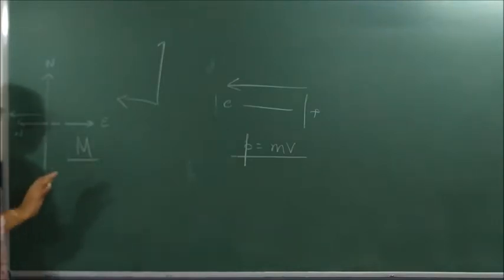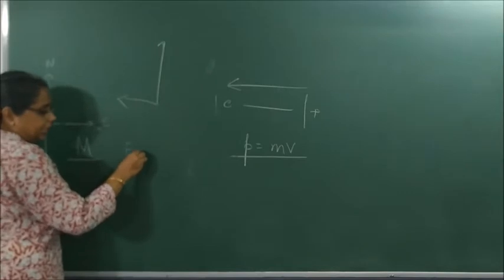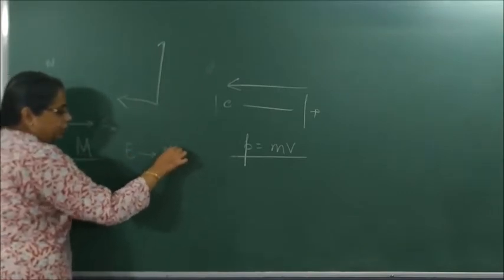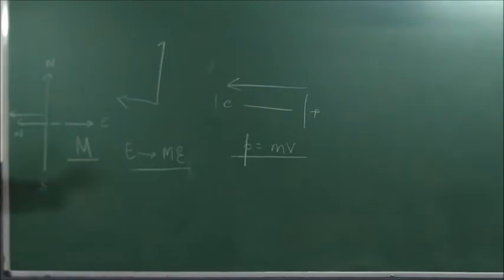It is an electric device, or it is a device which converts what energy? Electrical energy to mechanical energy. What is mechanical energy? Moving water up and down, moving substances up and down. So what is motor?